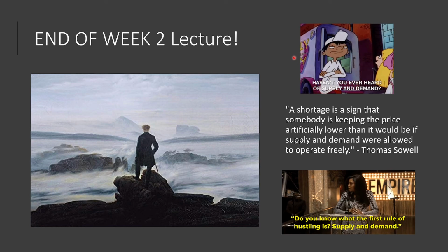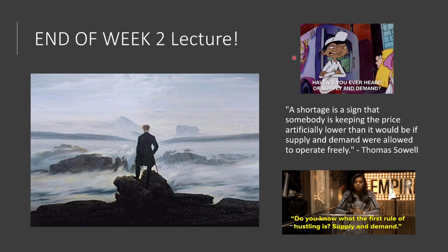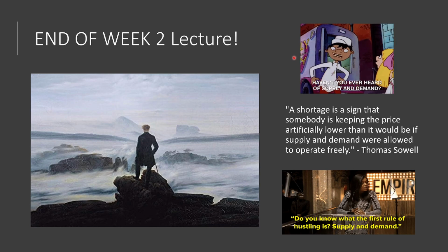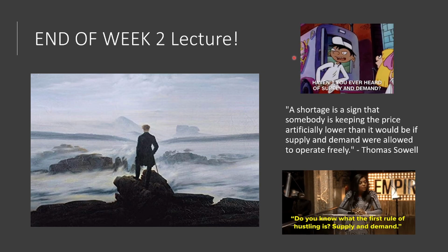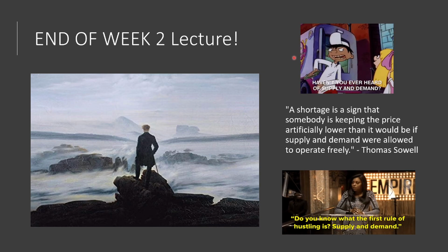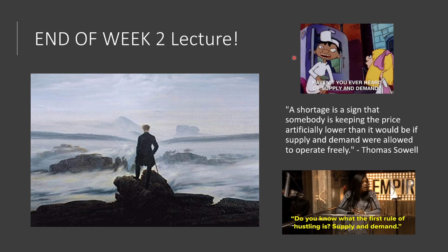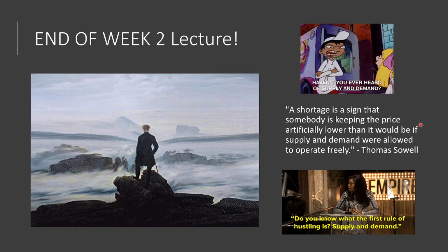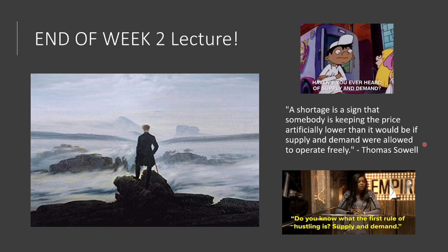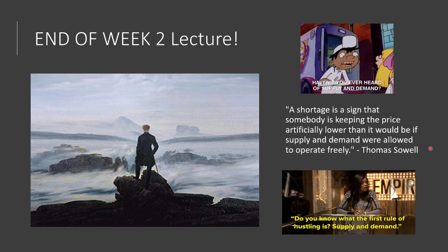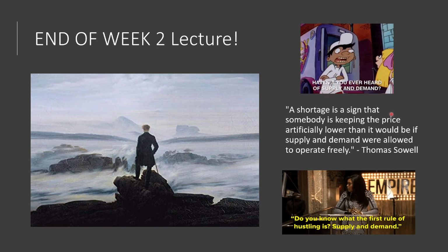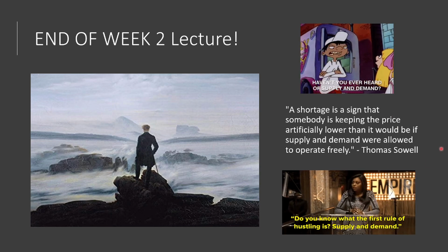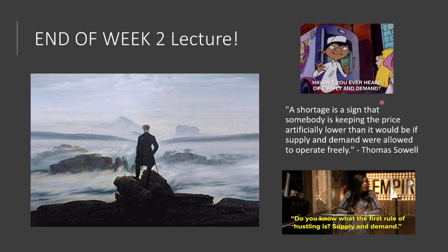Cool. I got a nice quote here from Thomas Sowell. A shortage is a sign that somebody is keeping the price artificially lower than it would be if supply and demand were allowed to operate freely. And that's generally a very correct quote by Thomas Sowell. Once you think about the modern day shortages we have in the West, where we generally have free markets, it's generally where something has occurred to prevent that free market.